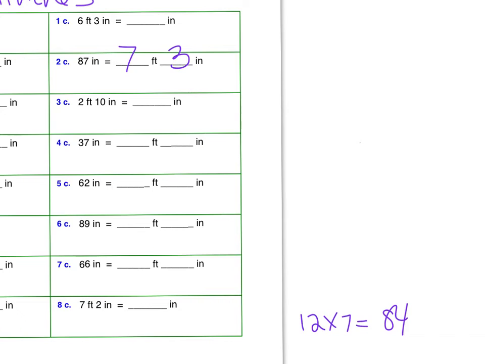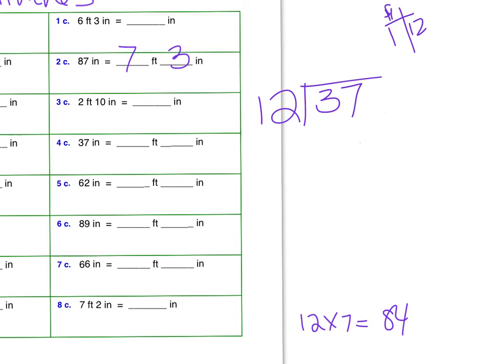All right, let's do another one. Let's do this one, 37 inches. I'm dividing by 12. And again, if you forget, set up your quick little T-chart. I want to see feet, inches. 1 foot is 12 inches.